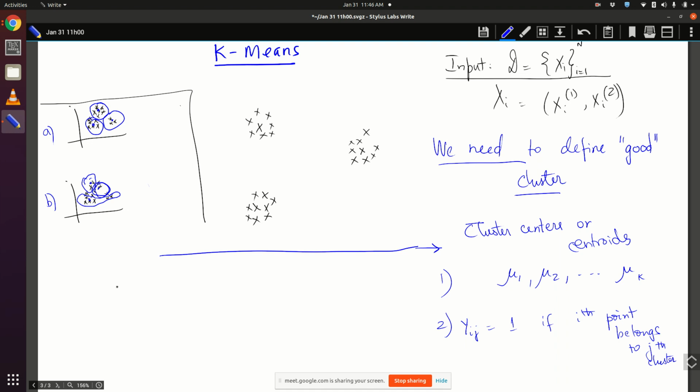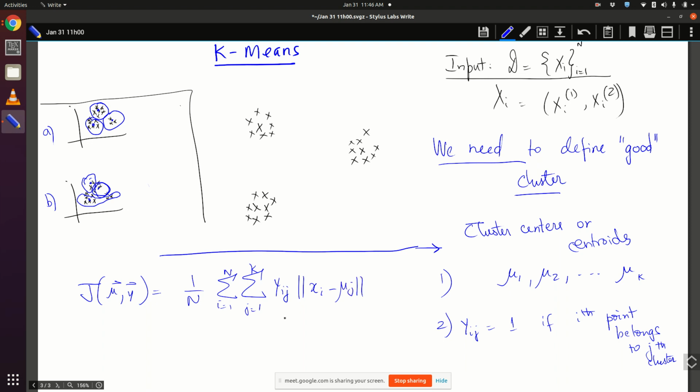And I will define the function J of mu and y, given a particular clustering, as 1 over n, the total number of points, times the sum over i equal to 1 to n, j equal to 1 to k, k clusters, of yij times the distance between xi and mu j.